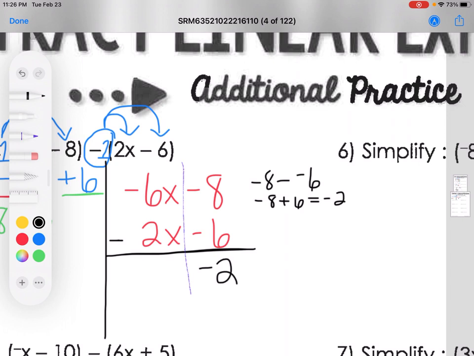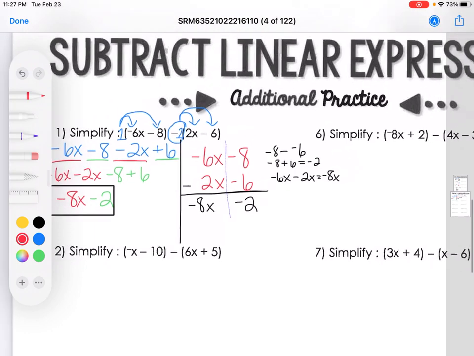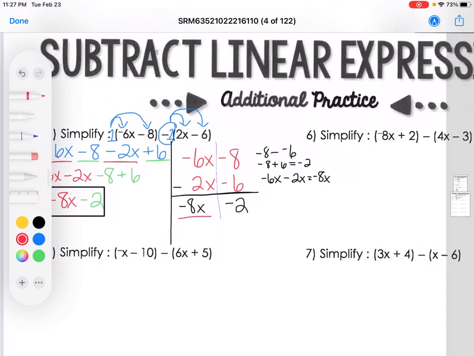And then I have negative 6x minus 2x, which would give me negative 8x. So I have a term of negative 8x and a term of negative 2. So negative 8x minus 2.